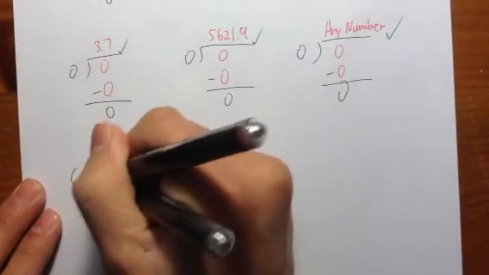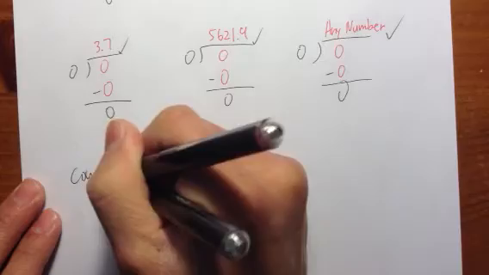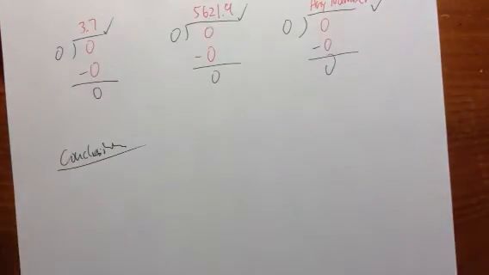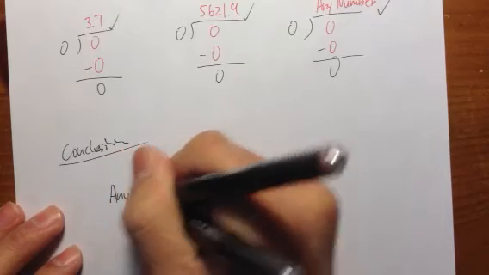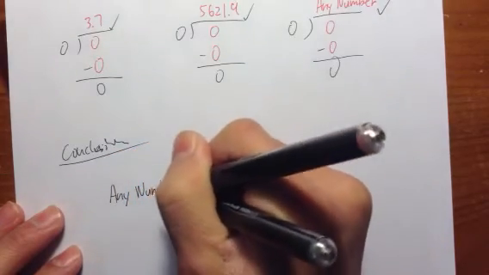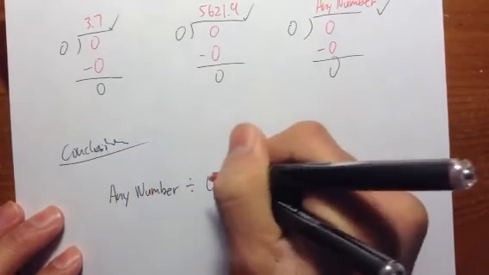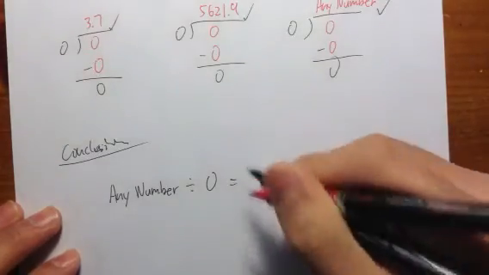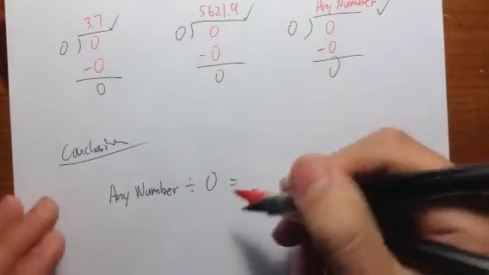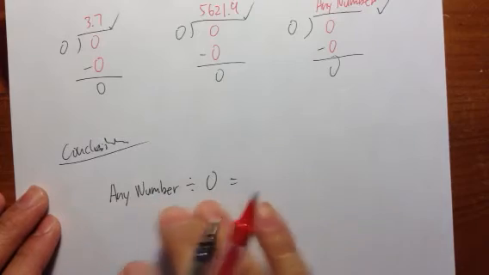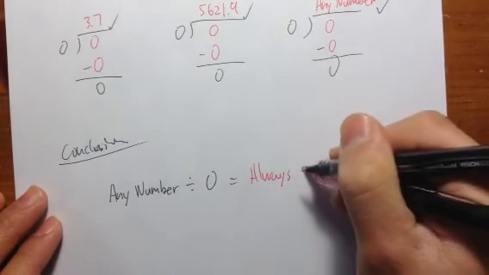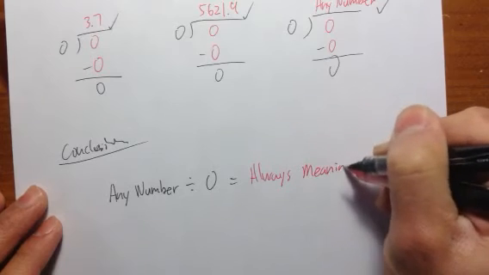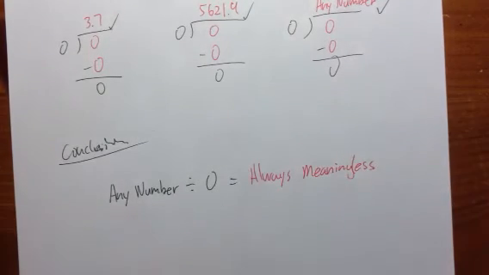Conclusion. When you have any number divided by 0, this is always a meaningless calculation.